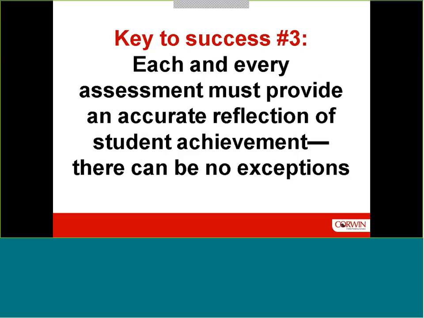Because if we gather undependable evidence and base instructional decisions on that undependable evidence, then we're going to do harm. It's not okay. The right to mismeasure student achievement is not an entitlement that comes with academic freedom. This is a matter of professional ethical responsibility.